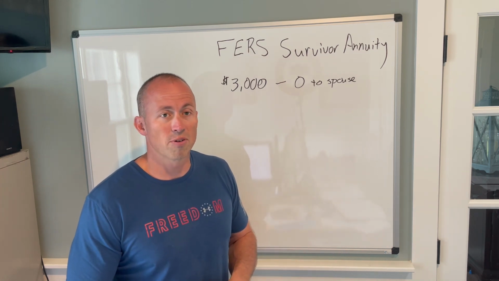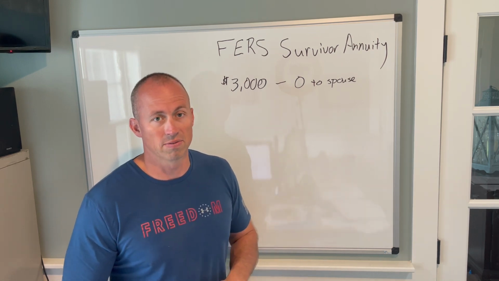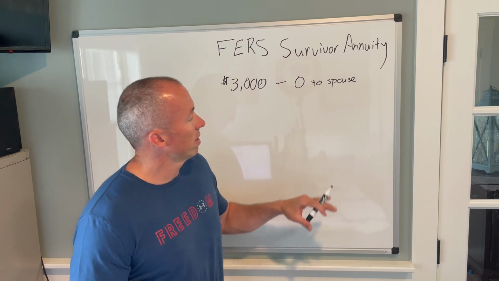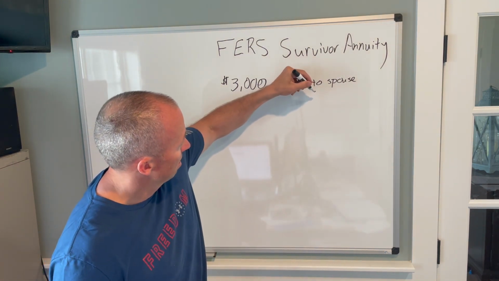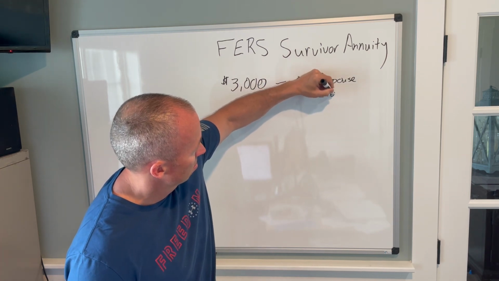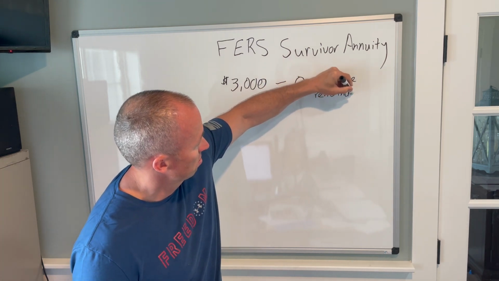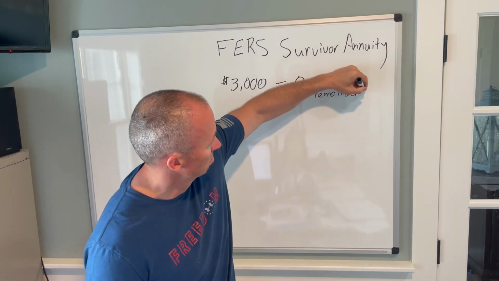Once you're retired for about a year, you're going to get all the money out that you have paid in to your FERS annuity. After that, that means $0 to spouse. So the only thing a spouse may get is, I guess, the remainder of contributions paid in. I'm not sure what the exact term is for it.